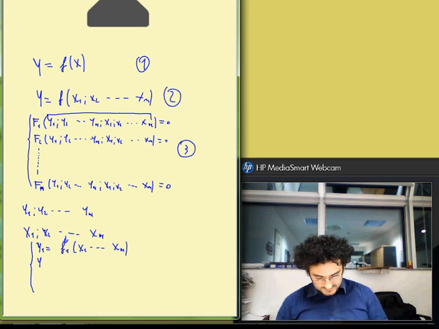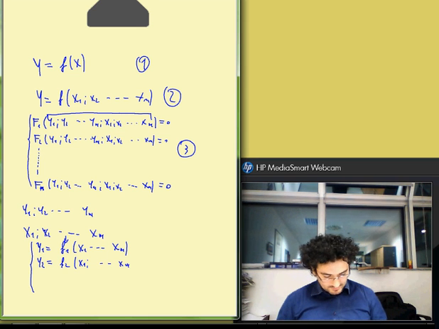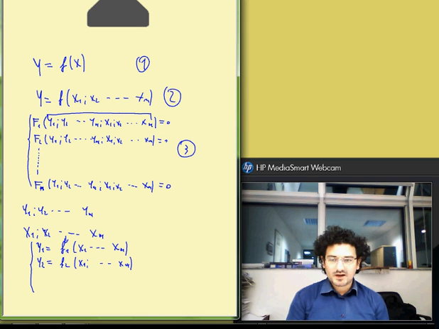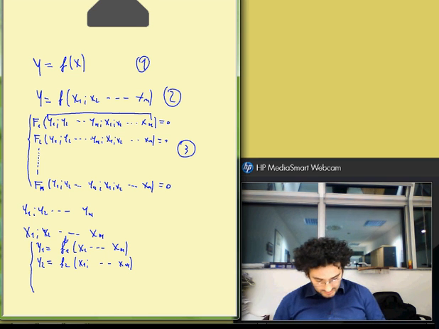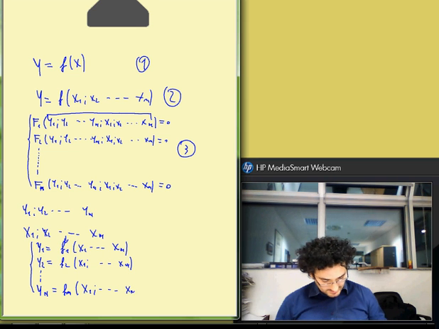The same for the second endogenous variable, which can be expressed as a function of x1 until xm. So also the second endogenous variable can be expressed in terms of exogenous variables. Until the final yn, which can be expressed as fn in terms of exogenous variables x1 until xm.